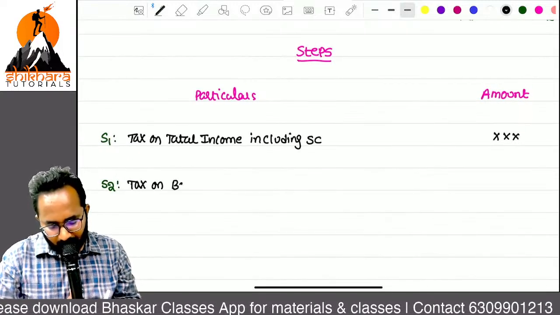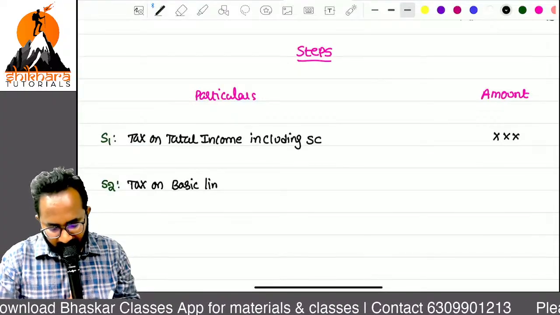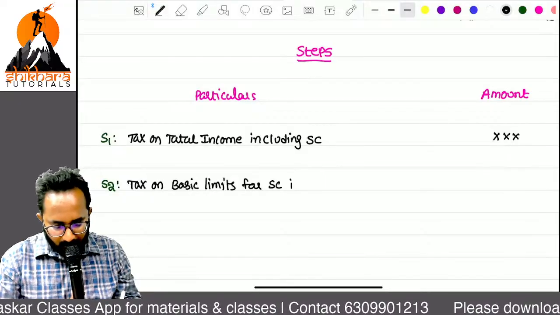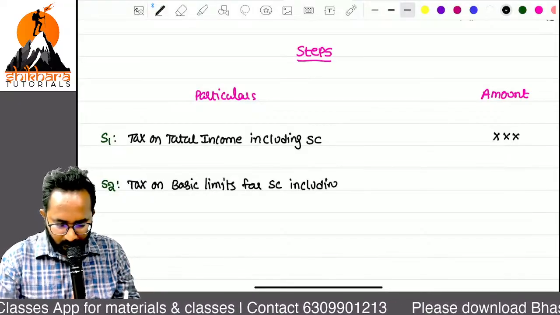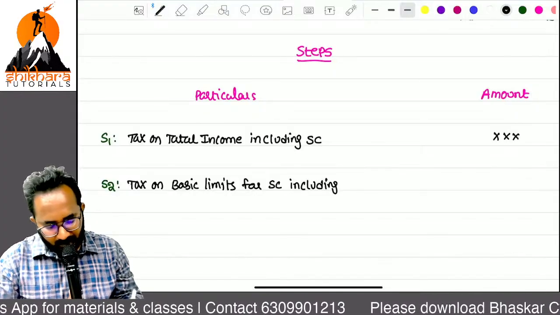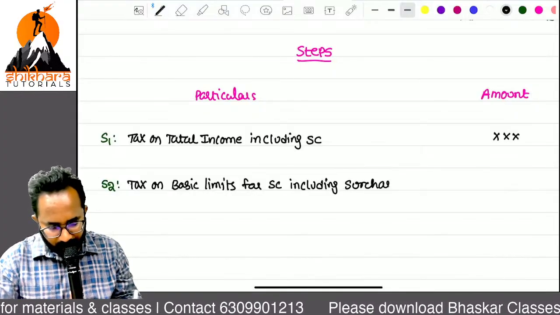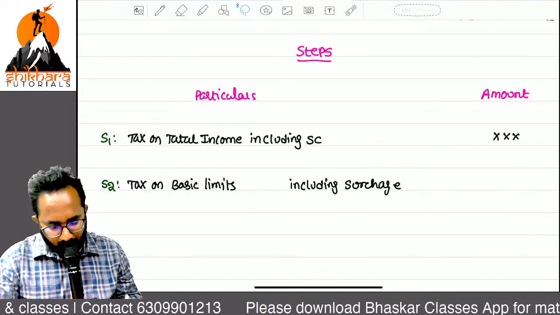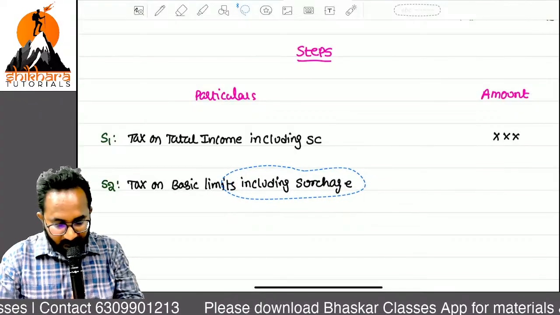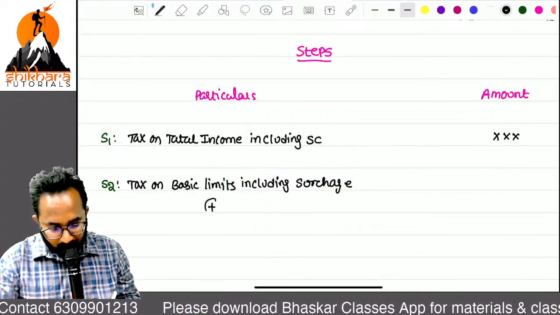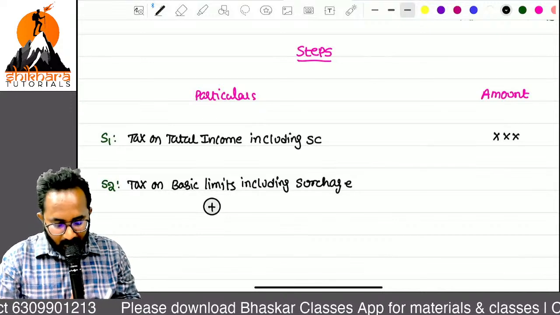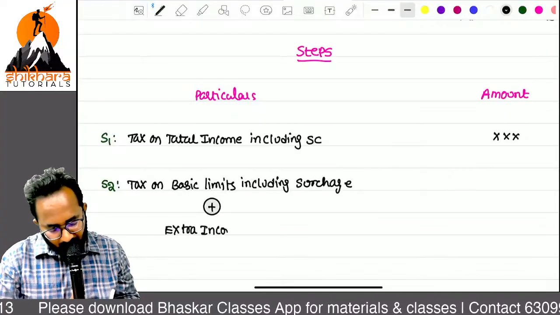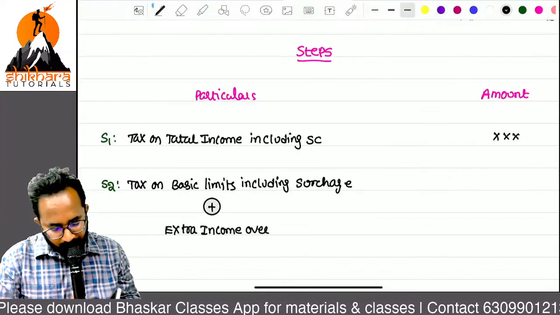Tax on basic limits including surcharge. Plus we have to add one more thing to this. What is that? Extra income over basic limits.